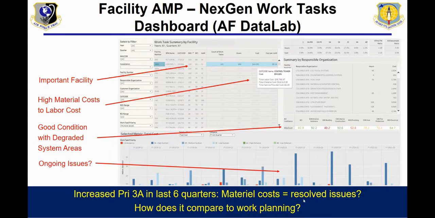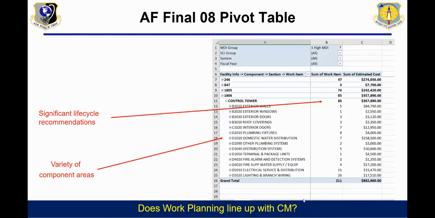Should that have impacted some of those condition ratings, once we go back and capture whether or not something's in better condition? Looks like we've had pretty much investment recently too. And so, did we fix the problem? Just a good question. And let's compare it to work planning.